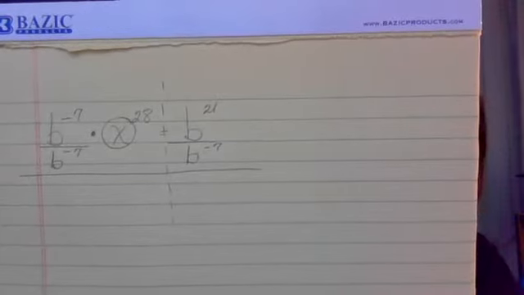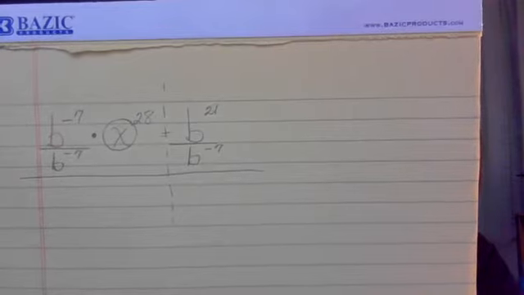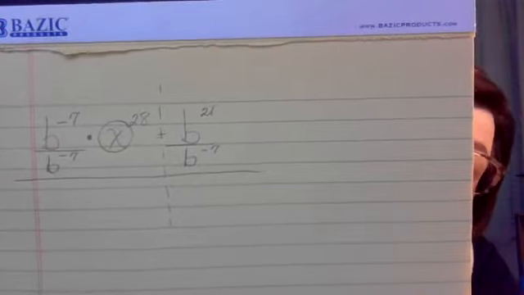And it should look like this. So of course the b to the -7ths on the left-hand side cancel out, and we're left with x to the 28th equals. This is what you should have.